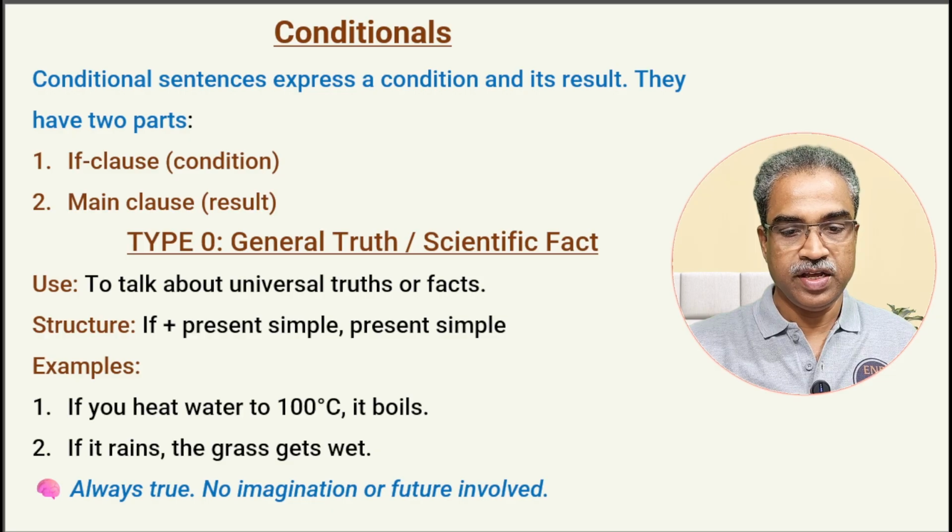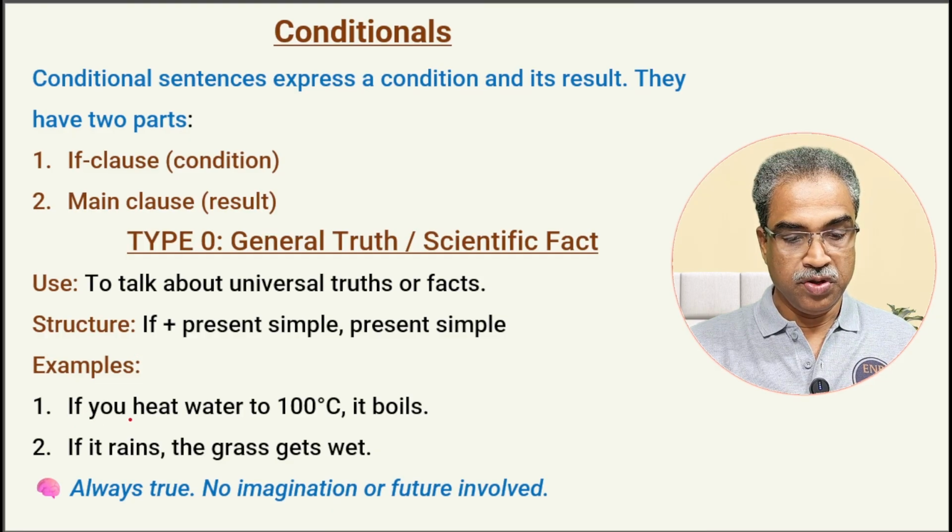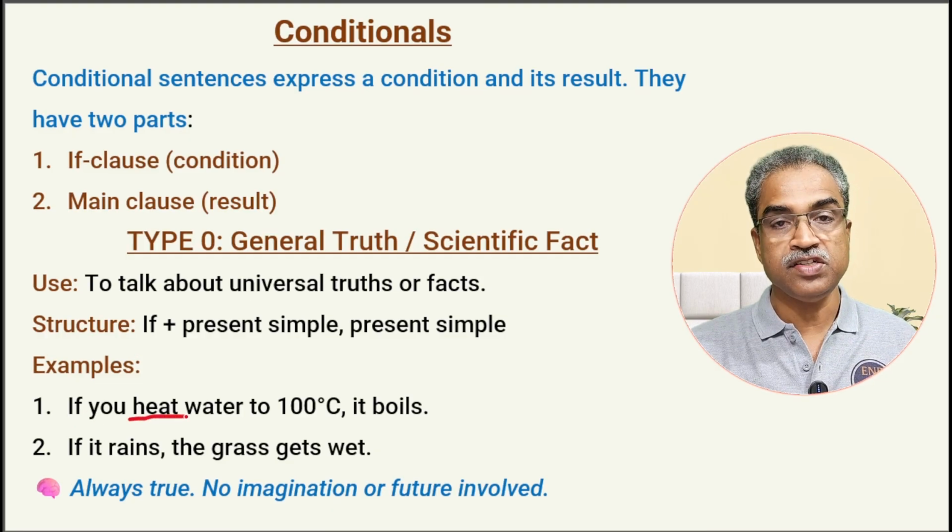Now if you see here, if you heat water, this heat is used not as a noun, it is used as a verb. So I write, you write, we write, they write, he, she, it writes. Simple present tense, you remember. So if you heat, as if you write, instead of write, heat here.